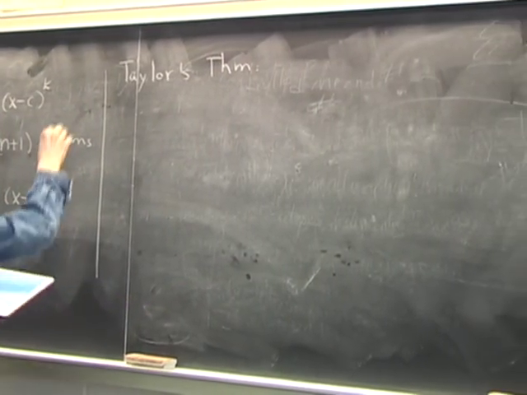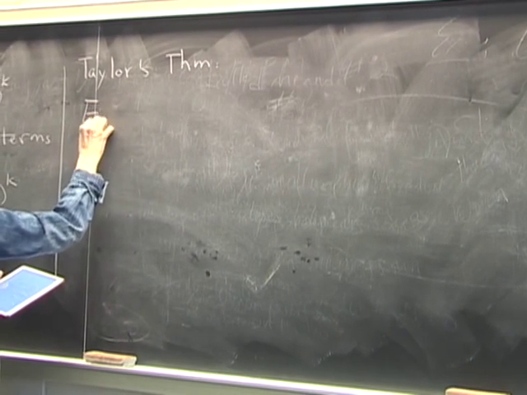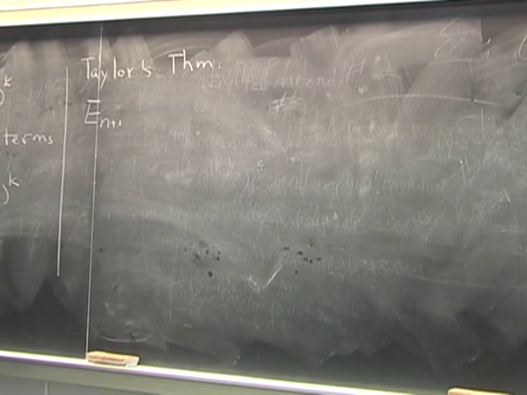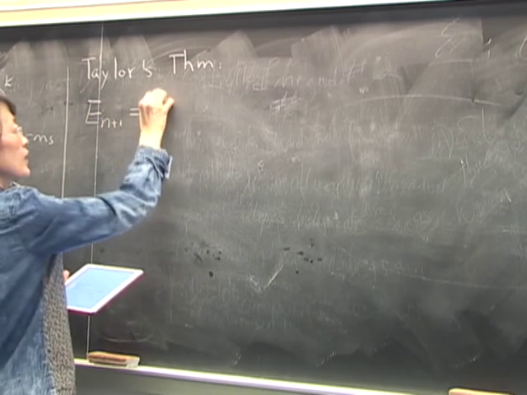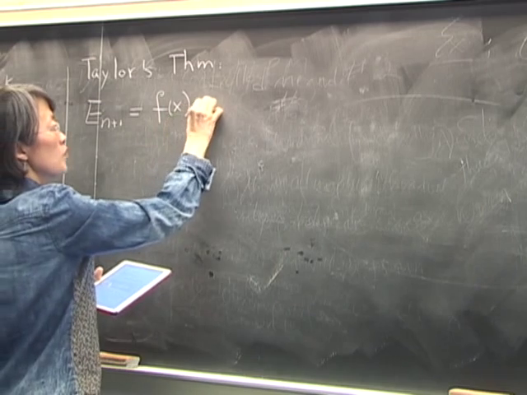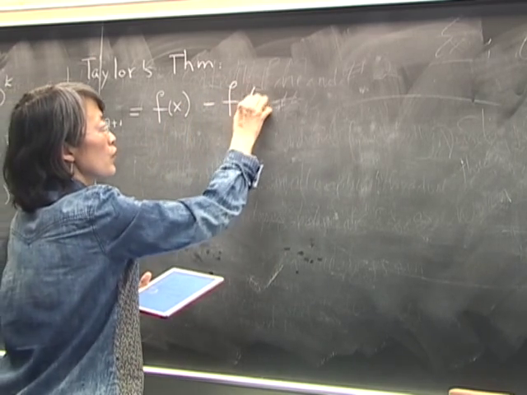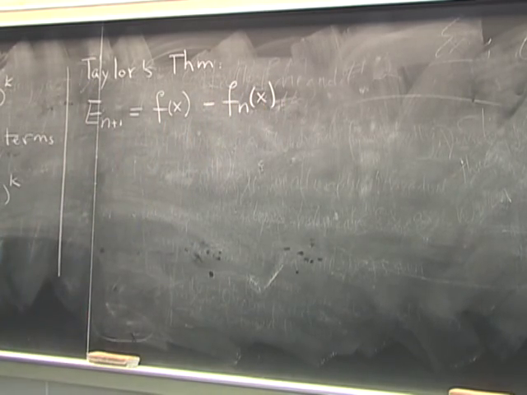There are a couple of them. The error, which carries an index n plus 1 by taking n plus 1 terms, will be the function minus your partial sum. I look at the difference between them. So what would that be?